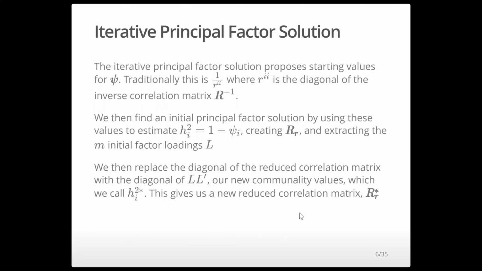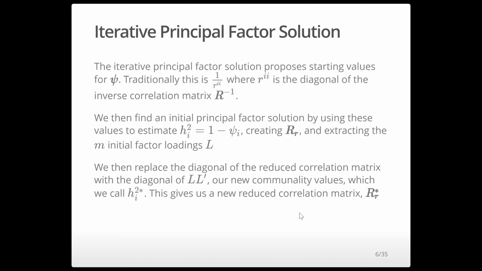So the iterative solution proposes that we start with some sort of starting values for psi. And these are usually going to be based on the inverse correlation matrix of the data. So we're going to use 1 over the diagonal of the inverse correlation matrix as our starting values. Then we're going to find an initial principal factor solution by using these values to get our communalities.